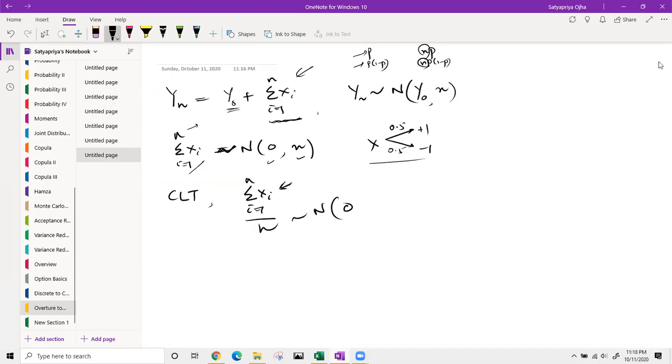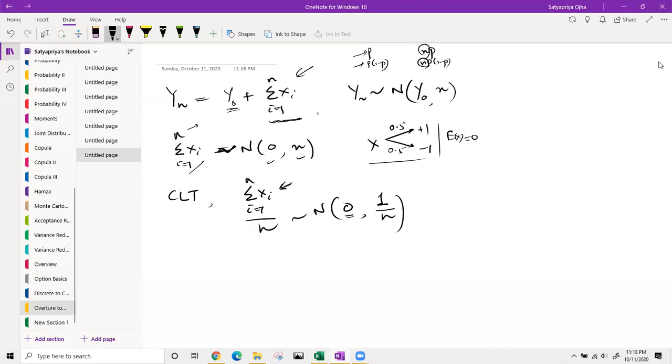Population mean is 0, so the sample mean would also be 0. And the variance of the sample mean is the population variance, which is 1, divided by n, correct? Sigma square by n, if you remember.